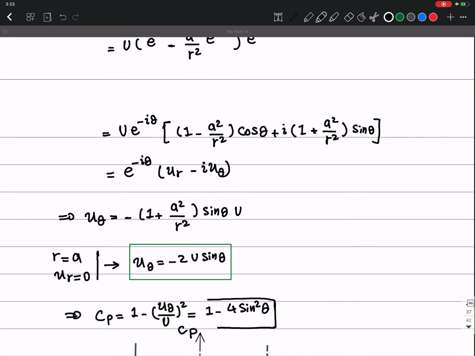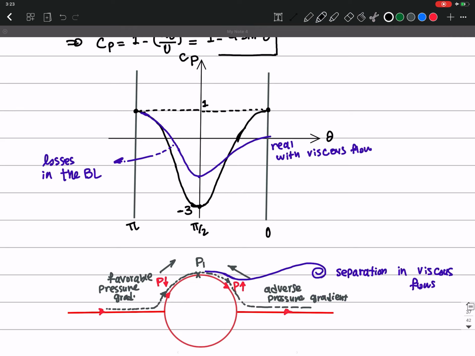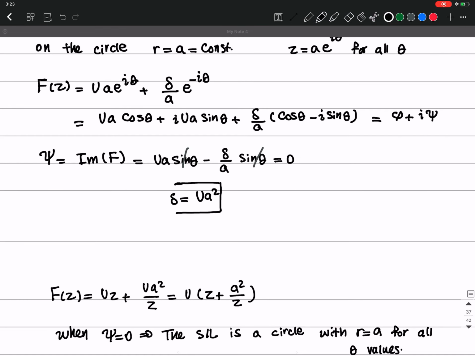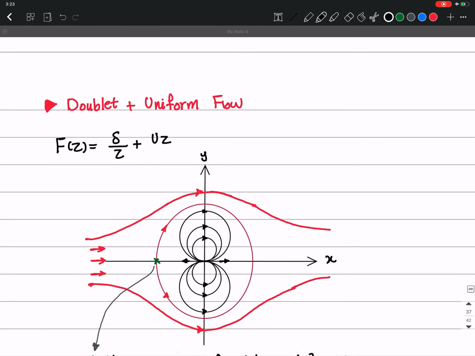And so in the next session, what I'm going to do is I'm going to now also add a counterclockwise vortex to this doublet plus uniform flow.